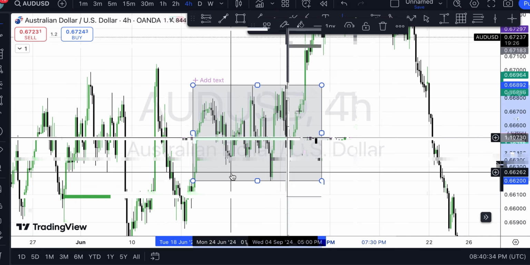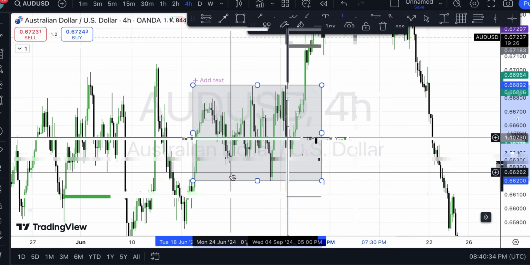So let's summarize the whole thing. A channel in Forex is a price pattern where the price moves between two parallel lines. The second one is ascending channel, which slopes upward and has a support line below and a resistance line above.